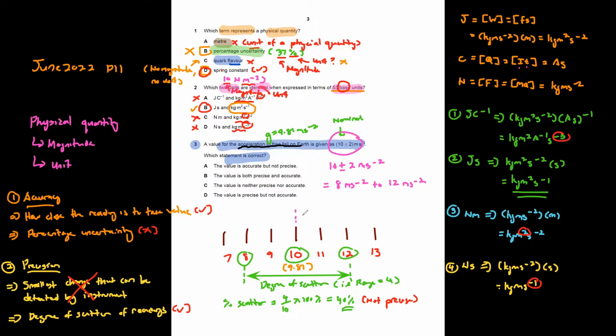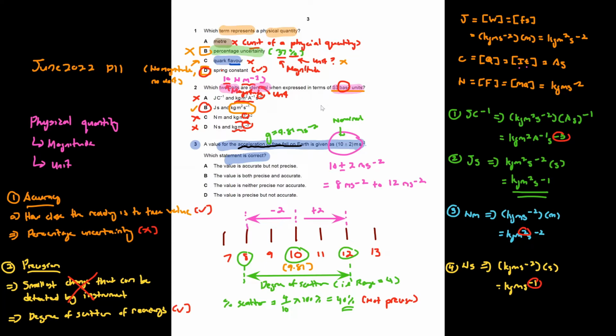Okay, so from here, we know that our value can go plus 2 from 10 to end up at 12. It can also go minus 2 from 10 to end up at 8. Okay, so right now, if we want to evaluate the accuracy, we want to see how far our values can lie from the true value.